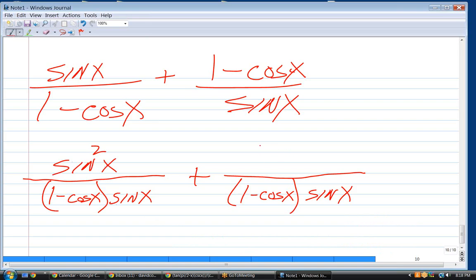What do we have over here? It'll be 1 minus cosine x squared, or all that in parentheses and then square that. Could you also do that with cosine squared x? Well, no, that's correct.